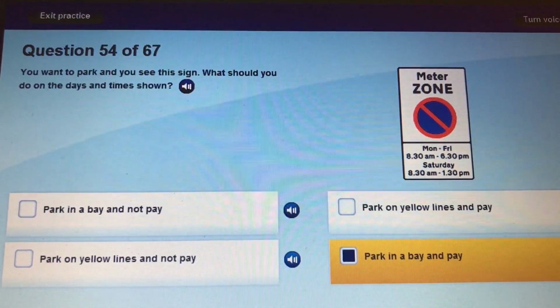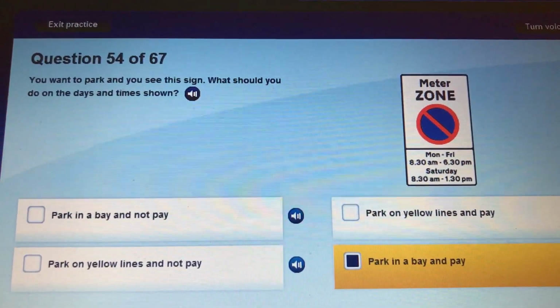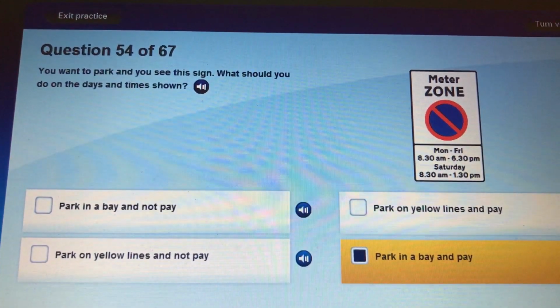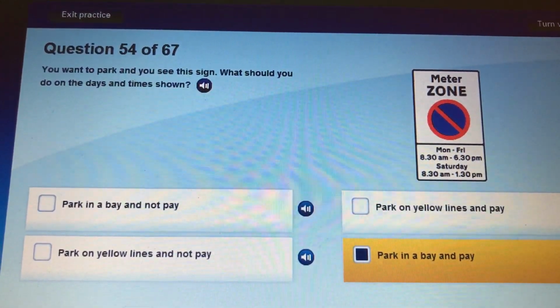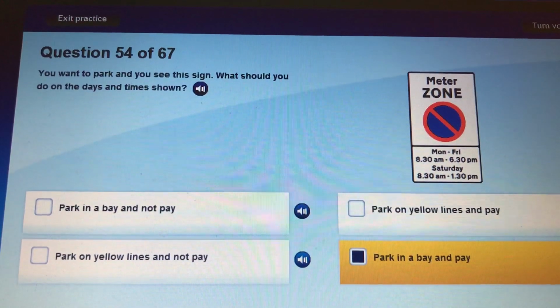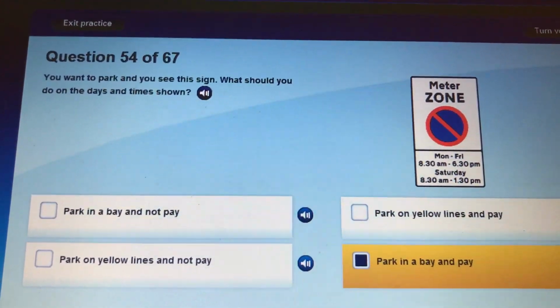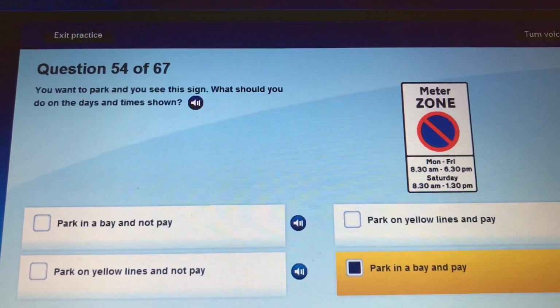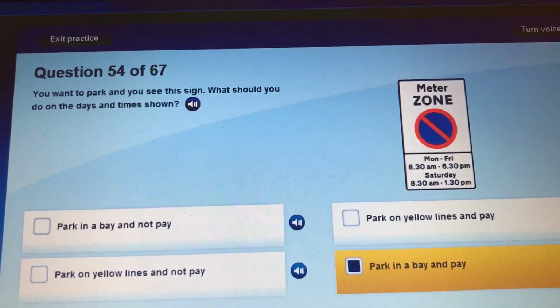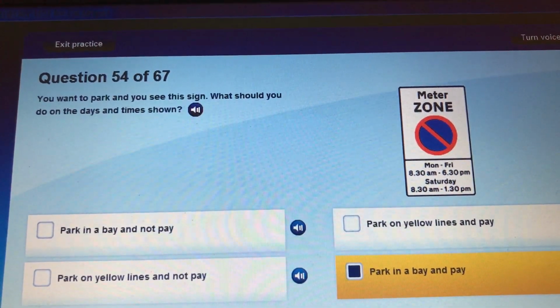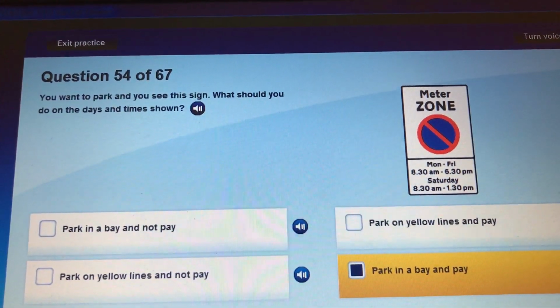What can you see in the picture? Information board with order. Red circles are orders. What order can you see? It's a parking restriction. You are not allowed to park, but before you park, you need to read. It's not a free parking. It's a parking restriction.